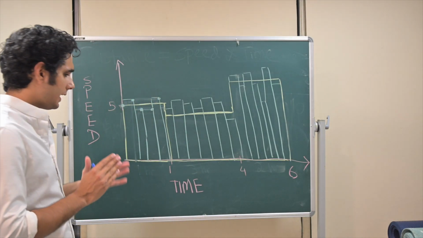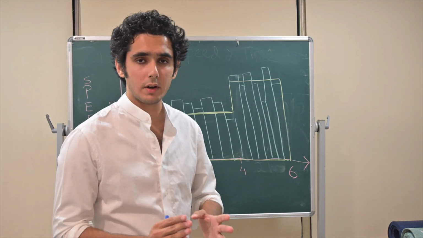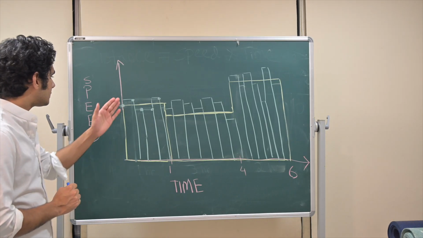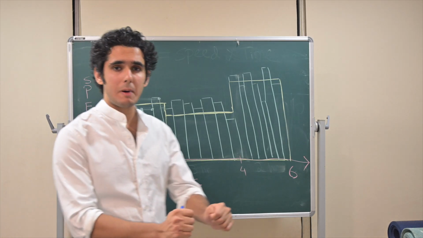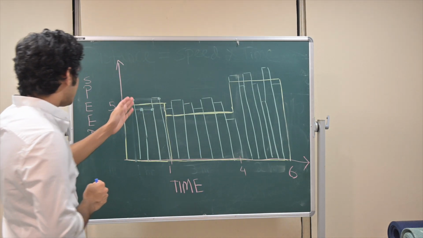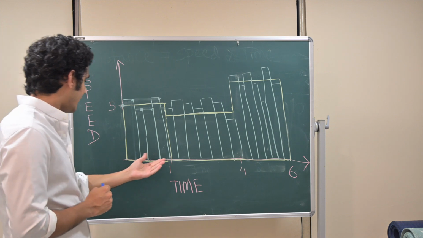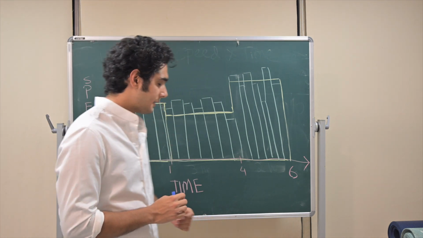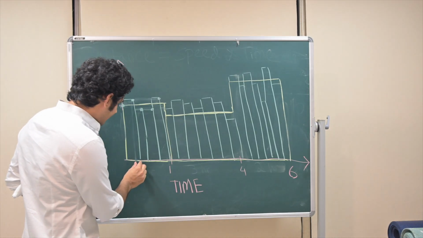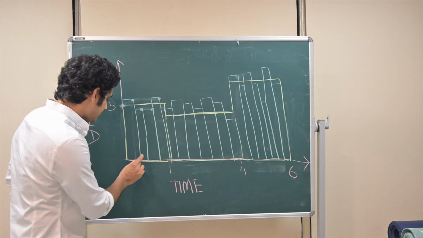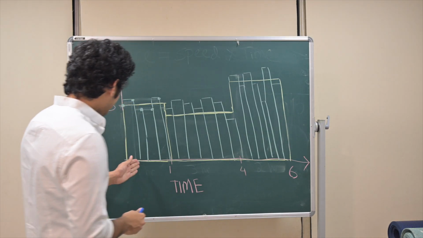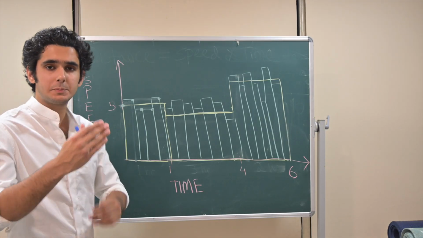But if we want to get a real picture of what is going on, the true picture, we have to recognize that our speed in an actual bicycle journey is always changing. It can never be the same across any interval of time. That means if we take two successive tiny intervals of time, the speeds that will be exhibited during those two intervals will always be different.